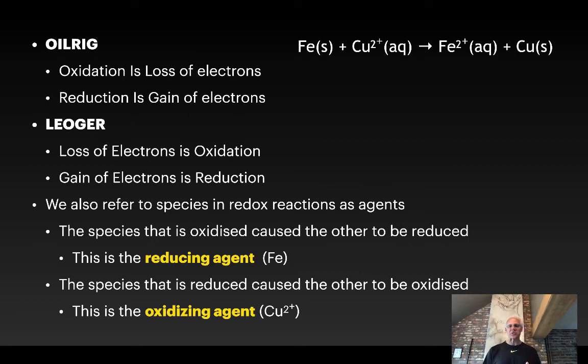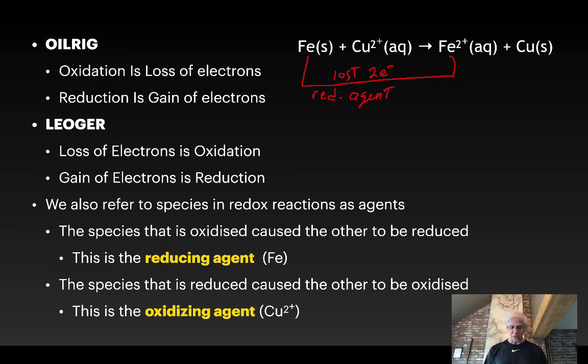In the reaction up here, from our first reaction, we see that it is iron. We see that the iron lost 2 electrons. So that means it was oxidized, and it means it is the reducing agent. It made something else get reduced.